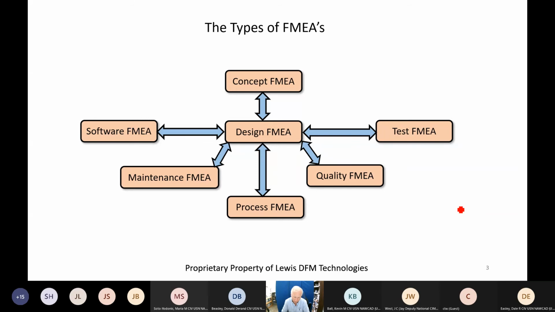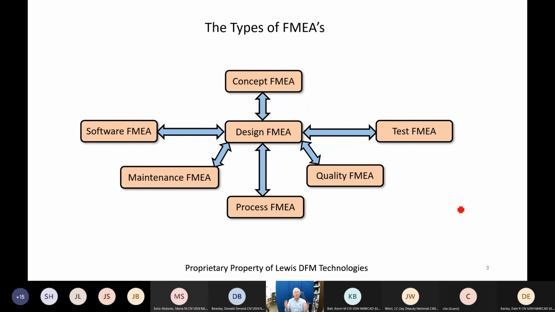If I could make a recommendation, it's to insert yourself into the process of the concept FMEA, the design FMEA, and the other FMEAs, the software, maintenance, process, quality, and test FMEAs, whether you do it yourself or have somebody from DCMA do it.